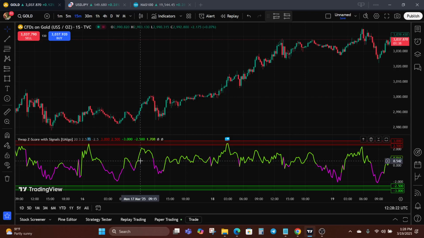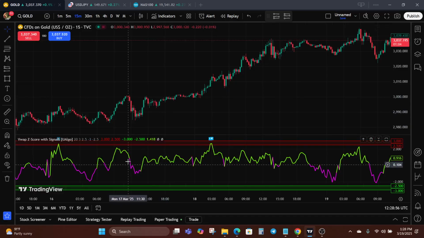Sorry, did I say when it changed to green that bullish momentum is getting weak? I think I misplaced it. It is when it changes to green that bullish momentum is getting strong. So the indicator gave us a buy signal and the color changed to green, showing that there was bullish momentum in the market.